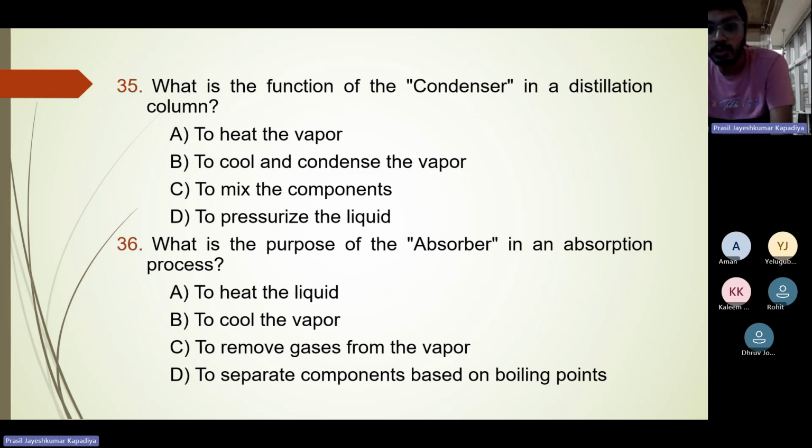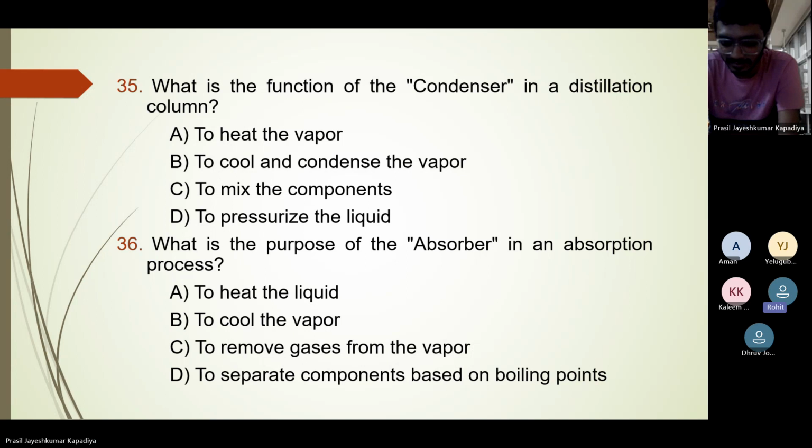What is the purpose of absorber in absorption unit? To heat liquid, to cool vapor, to remove gas from vapor, or to separate components based on their boiling points? To remove gases from vapor. Okay, to remove gases from vapor. So can anyone give me one example of absorption? Very famous example. Water gas shift reaction.